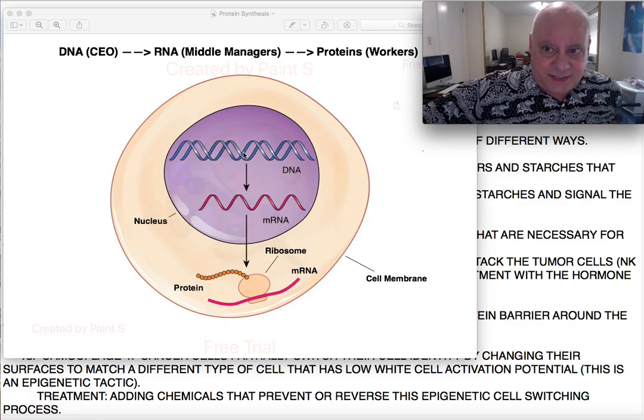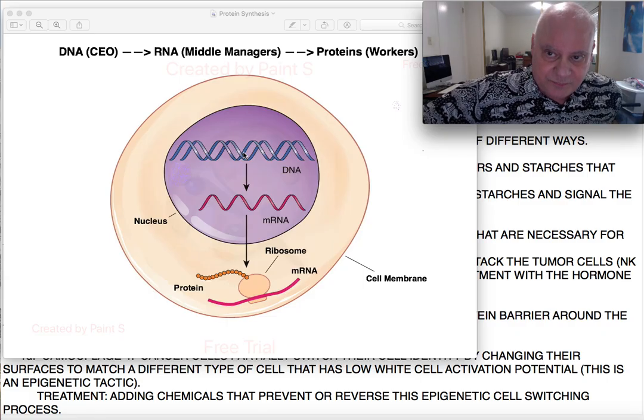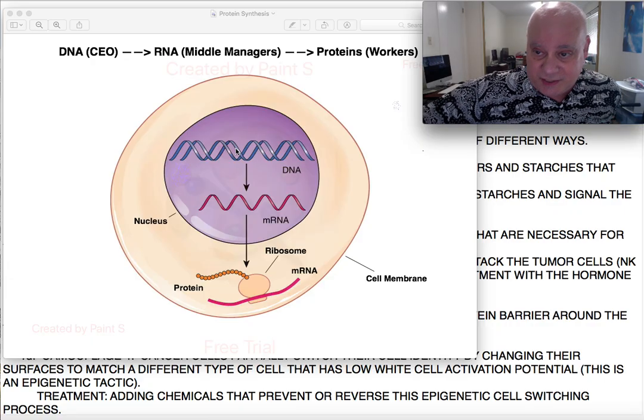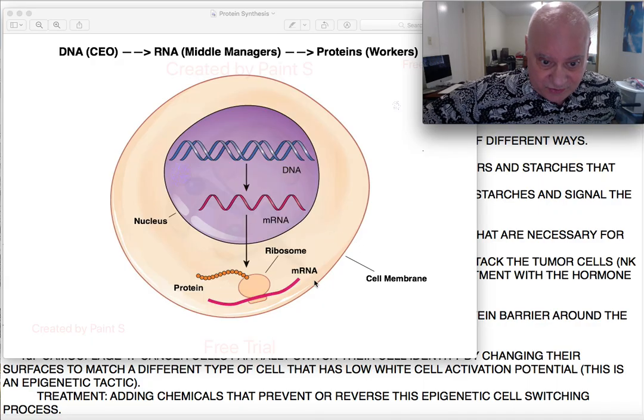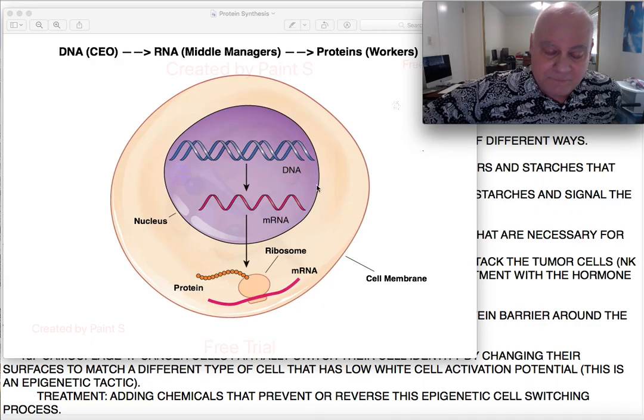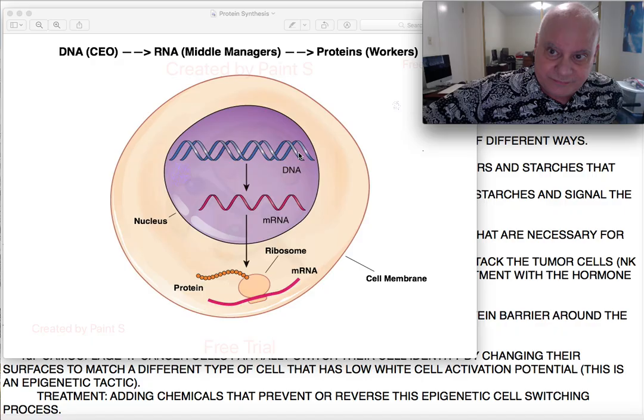But in the case of cancer, cancer is what's called a mutational disease. And a mutation means a change in the DNA instructions, that we're actually changing the ingredients that we're putting into our meal here. Change in the DNA coding for proteins is called a mutation.